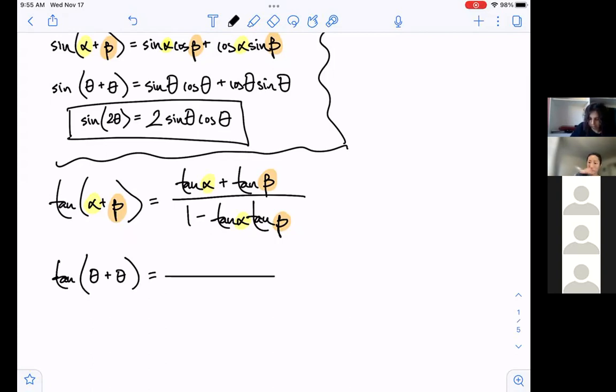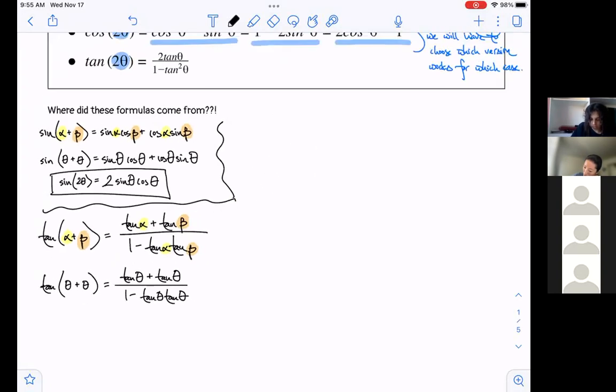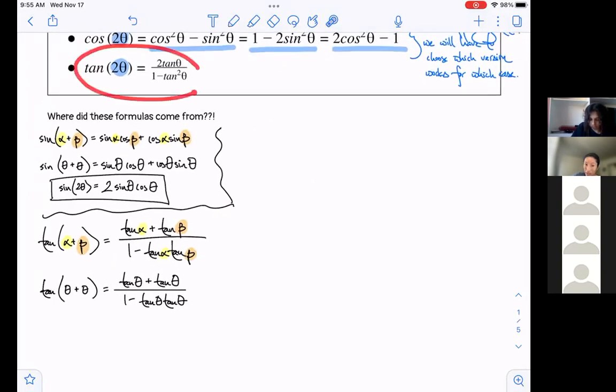It would be tangent theta plus tangent theta over 1 minus tangent theta times tangent theta. Beautiful. All right, and if we peek real quick at what we had for the double angle formula for tangent, how do we get this 2 tangent on the top?